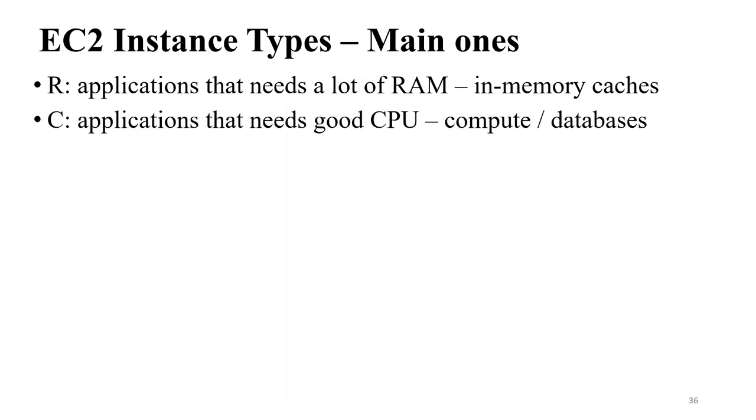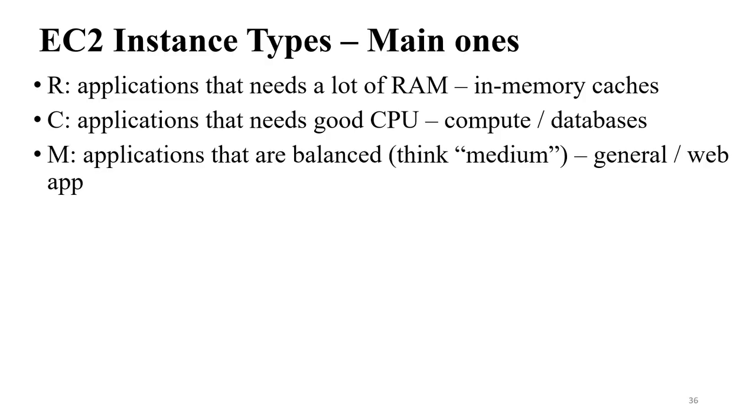Then C type instances are processor based, for applications that need good processing units, like compute engines or databases. If you're planning that, you can choose C type instances. M stands for medium, and normally we call them balanced.